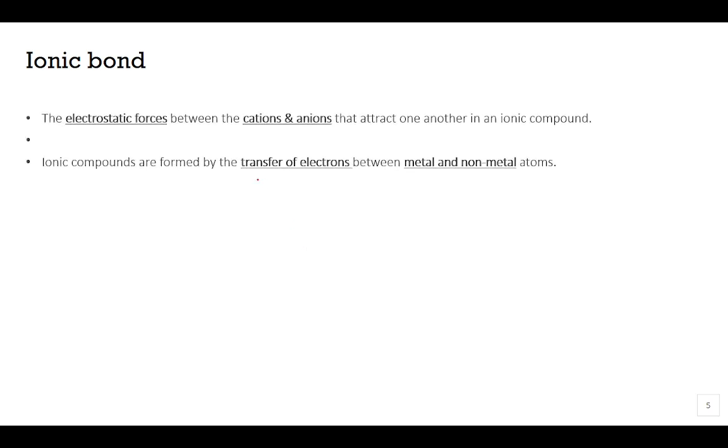So first, ionic bond. So what is ionic bond? It is actually electrostatic forces between the cation and anion that attract one another in ionic compound. And this usually happens due to transfer of electron. Transfer of electron means one receives the electron, one gives the electron. And it can only happen between metal and non-metal.